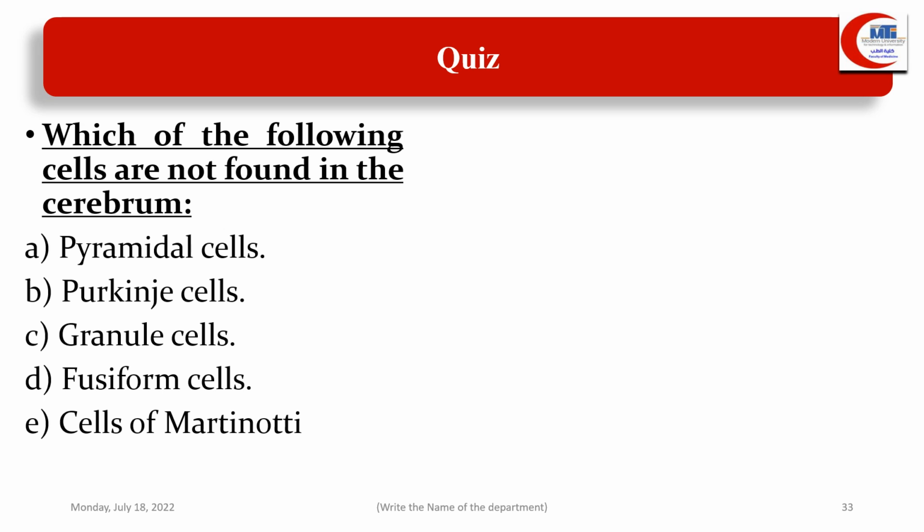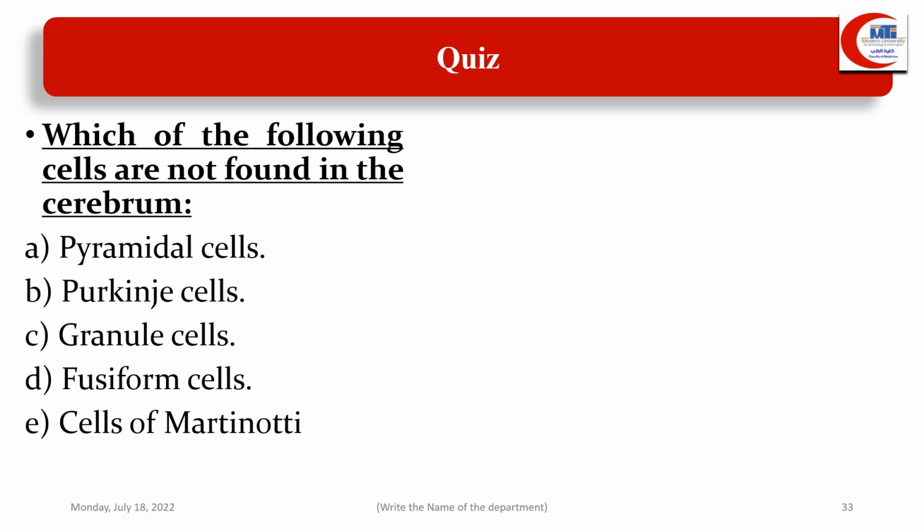Which of the following cells are not found in the cerebrum? Pyramidal cell, Purkinje cell, granule cell, fusiform cell, cells of Martinotti. What is the correct answer? One of these cells is not found in the cerebrum.